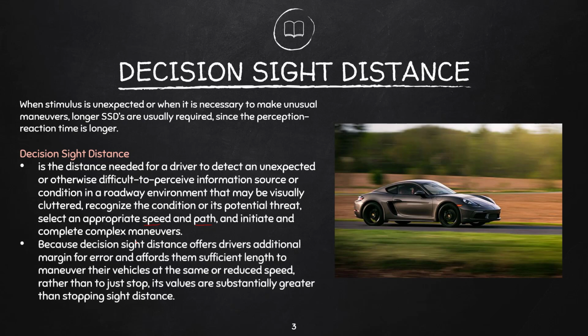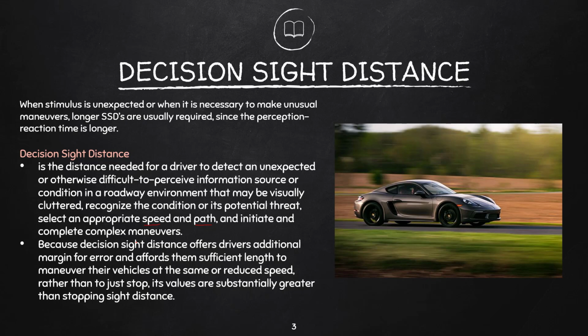Because decision sight distance offers drivers an additional margin for error and affords them sufficient length to maneuver their vehicles at the same or reduced speed rather than just stop, its values are substantially greater than stopping sight distance.